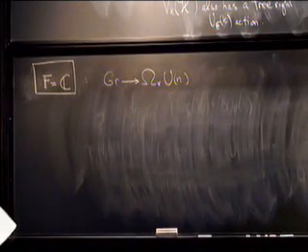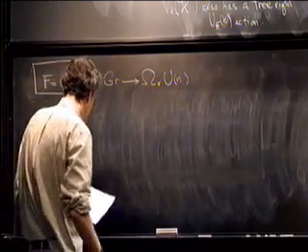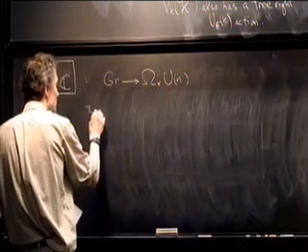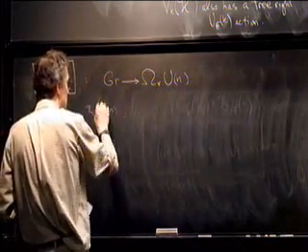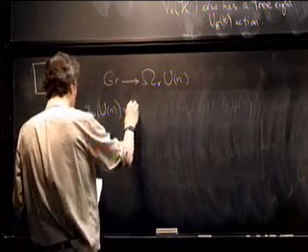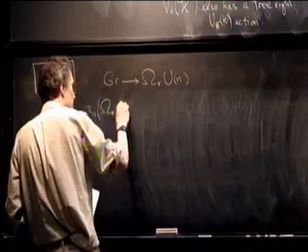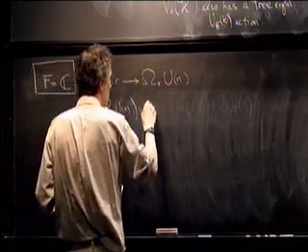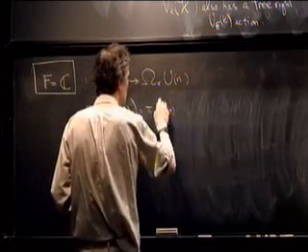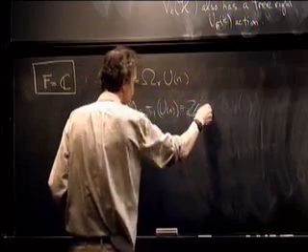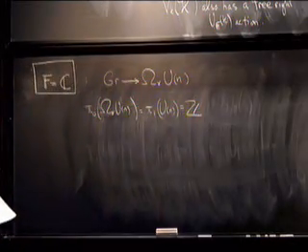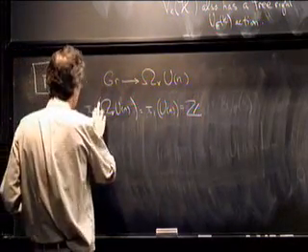Right away we have a little complication, because pi naught of loops on UN is pi 1 of UN, which is Z. And indeed, what are these components?